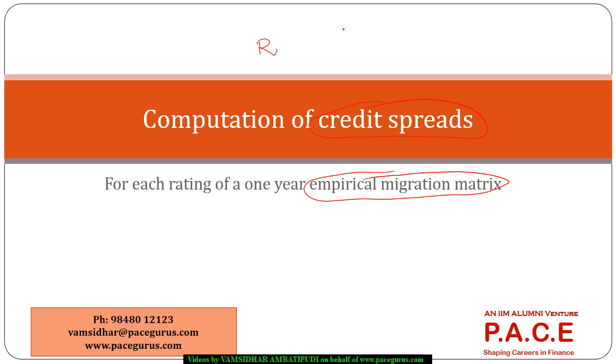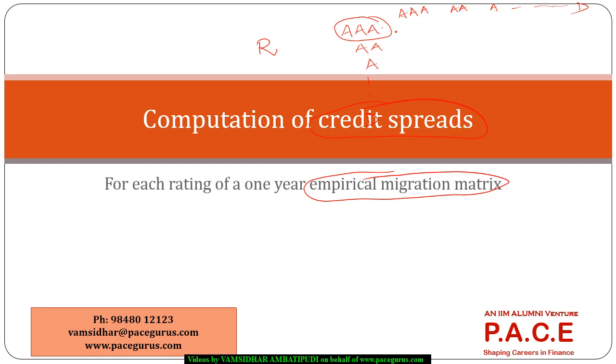So the migration matrix is nothing but a set of credit ratings like this, and again we have the same set of credit ratings out here, along with default as well being the worst case.